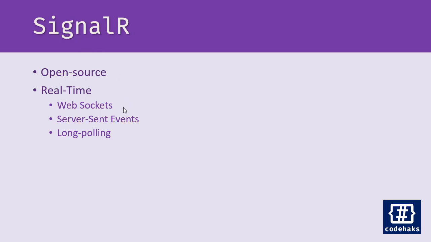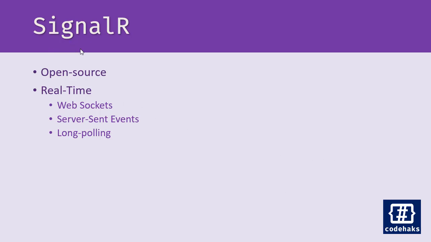And SignalR usually starts with WebSockets, and if there was a problem and it couldn't make it happen, it goes with server sent events. And if that didn't work, it will go with long polling. And long polling works pretty much everywhere, but the performance is very low, so you get the connection, but it might be slow.